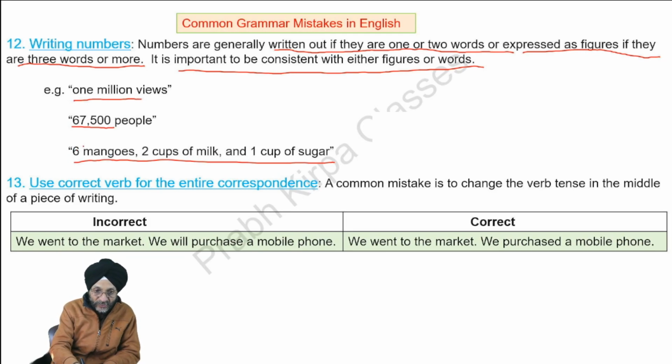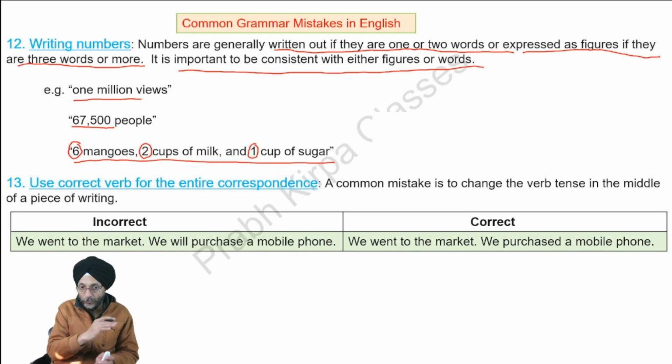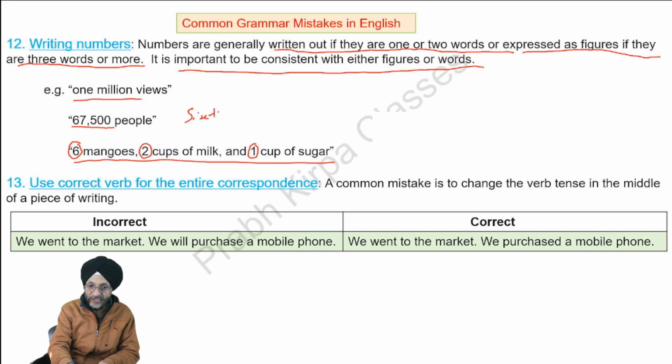Here you will see that all these figures have been written in figures, all these in words. So we should be consistent either with the figures or with the words. Here you will see 67,500. Either you can write the same as 67,000 properly, or you should write the same in figures properly or in words.